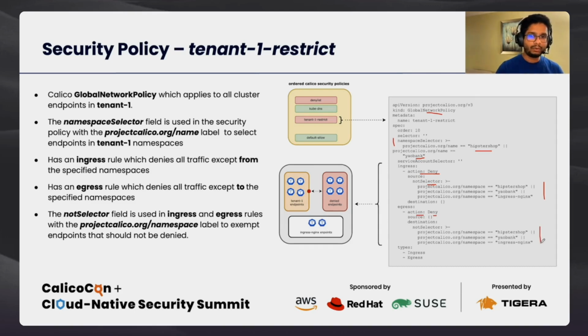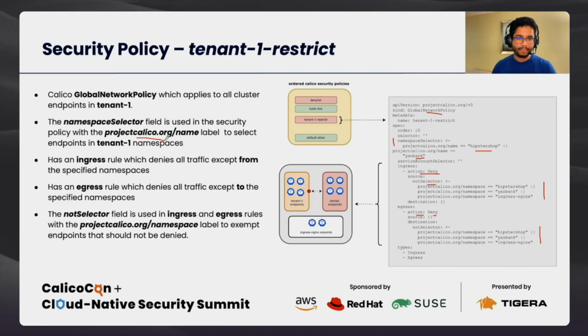Now, the projectcalico.org label is a label that can be used to identify namespaces and endpoints in those namespaces. The value of the label is the name of the namespace. So you could use the projectcalico.org/name key with the value of the namespace, and Calico will then select all the endpoints inside that namespace to scope the policy or the rule.